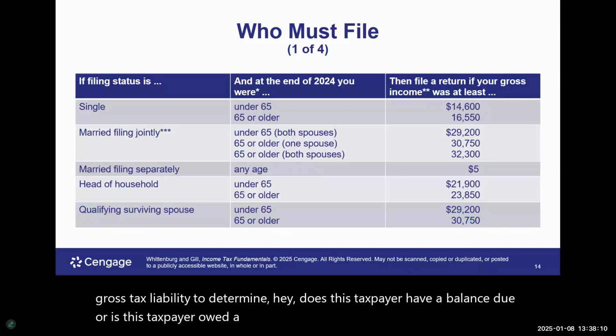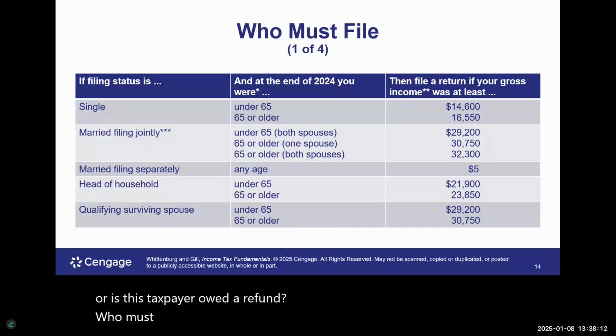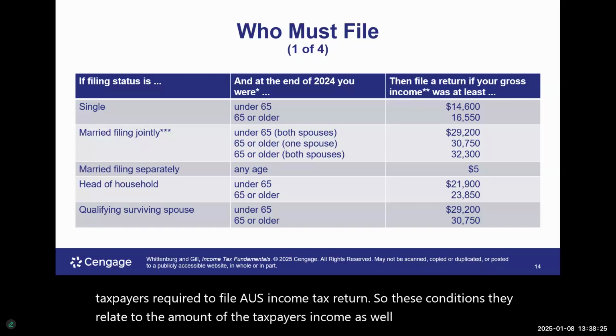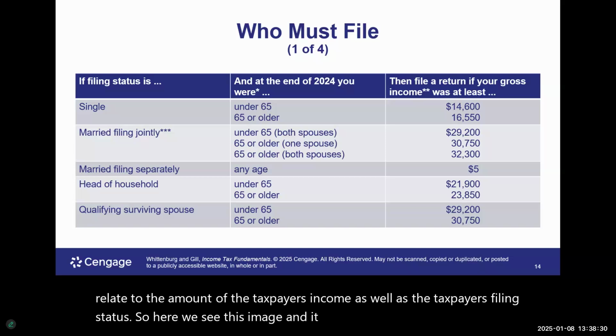Who must file? There are several conditions that need to exist before a taxpayer is required to file a U.S. income tax return. These conditions relate to the amount of the taxpayer's income as well as the taxpayer's filing status. Here we see this image, and it basically summarizes those requirements.